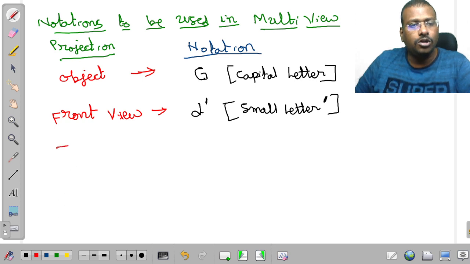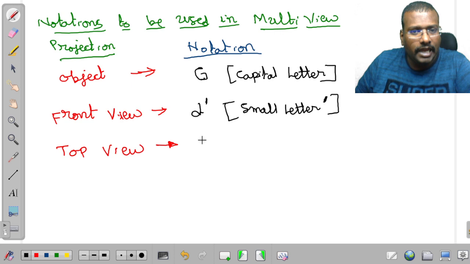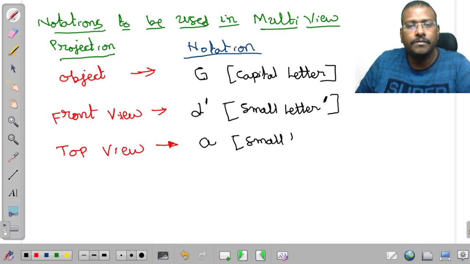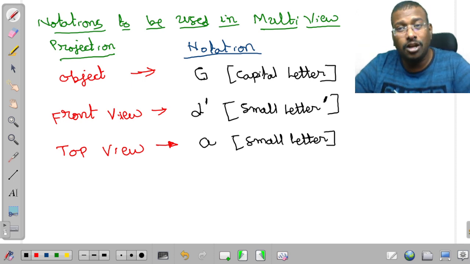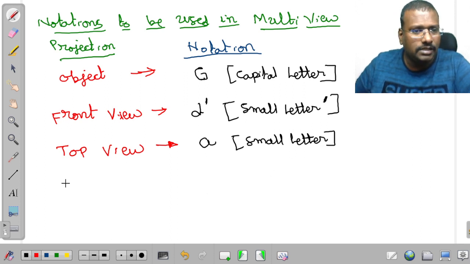So what about the top view? Top view we are going to represent with a small letter only. So if I write a small letter, then what is the meaning of it? It is the top view of that point. Is it clear? The top view of capital A is small a. Similarly, what is the side view?